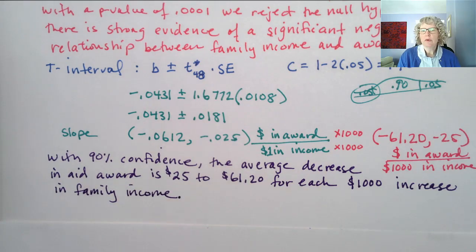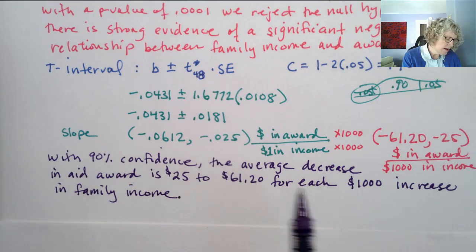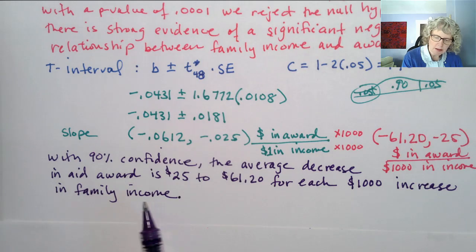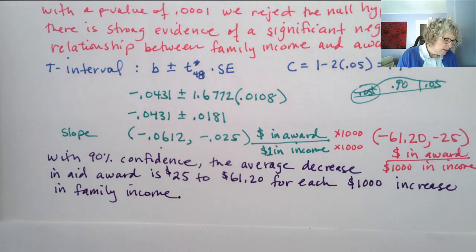Okay, slope is always a rate of change. It always has 2 units because it's the change in y over the change in x. So we always want to make sure we get that for each and then get the x in there as well. Okay, so hope that's making sense so far.